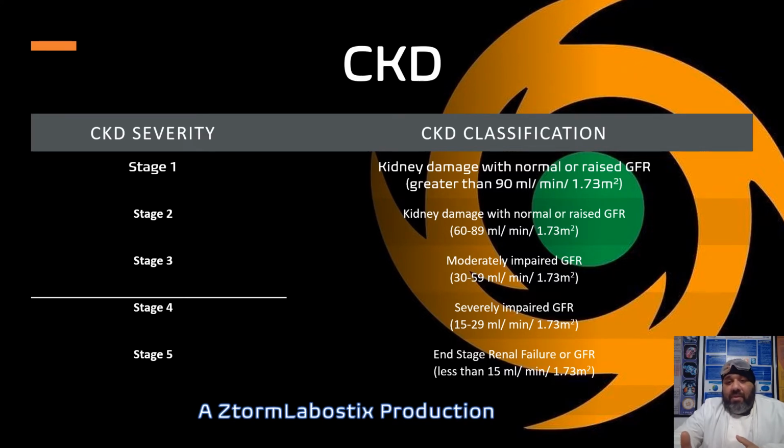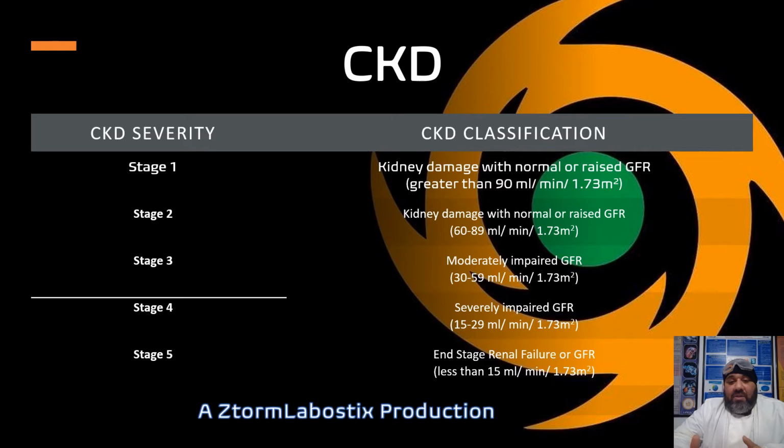However, the volume in relation to the filtration of the nephrons is reduced further. So the general range is between 60 to 89 mils per min. And then stage 3 is moderately impaired glomerular filtration rate, where the GFR is reduced further, so between 30 to 59 mils per min.